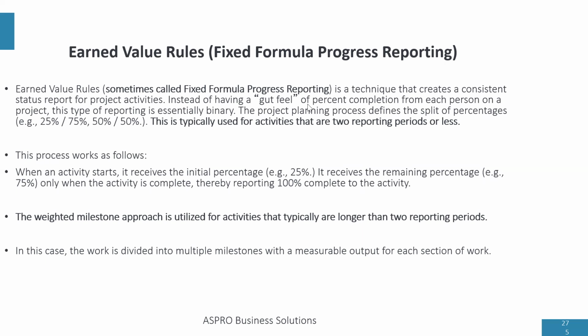It's a technique that creates a consistent status report for project activities. And instead of having a gut feel of percent completion from each person on a project, this type of reporting is essentially binary.